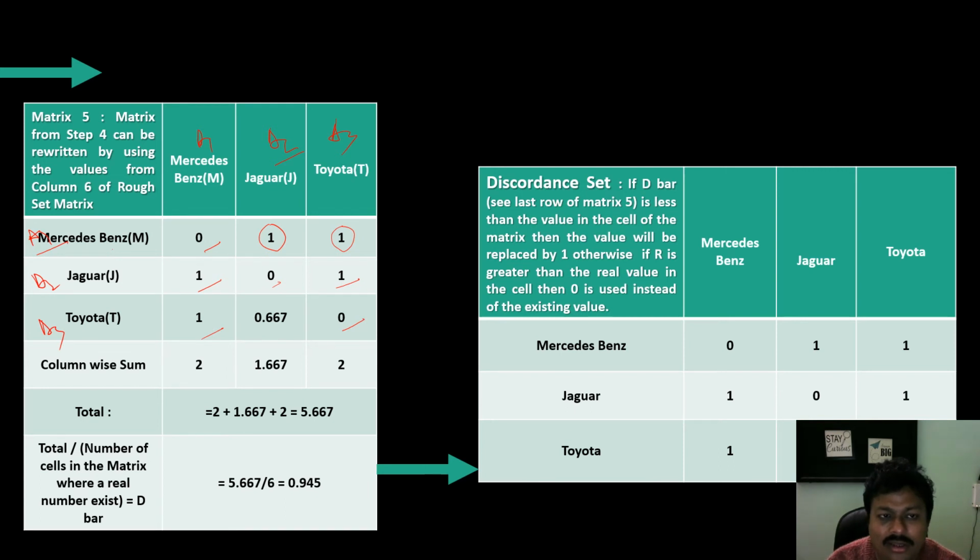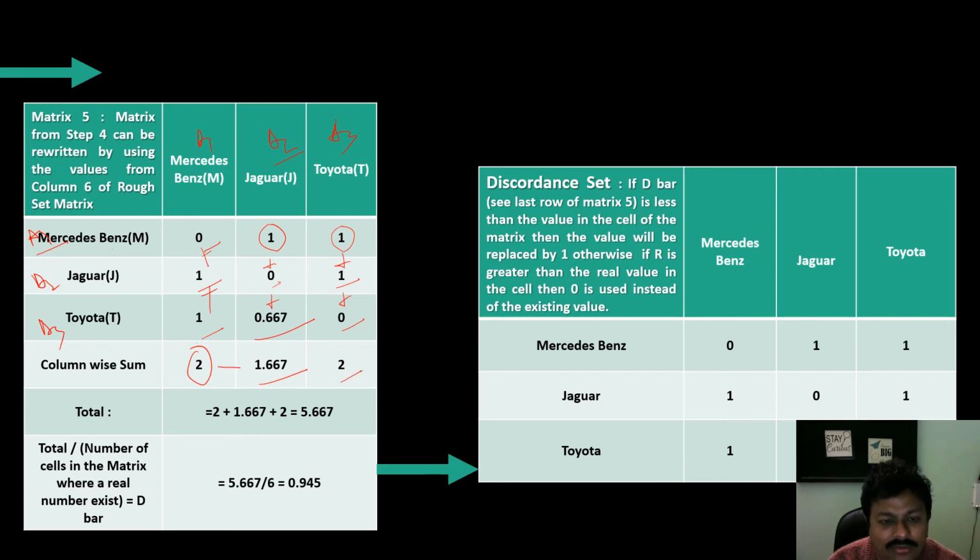After that, same as the matrix for concordance, we just add these values. 0 plus 1 plus 1, 2; 1 plus 0 plus 0.667, 1.667; then 1 plus 1 plus 0, 2.